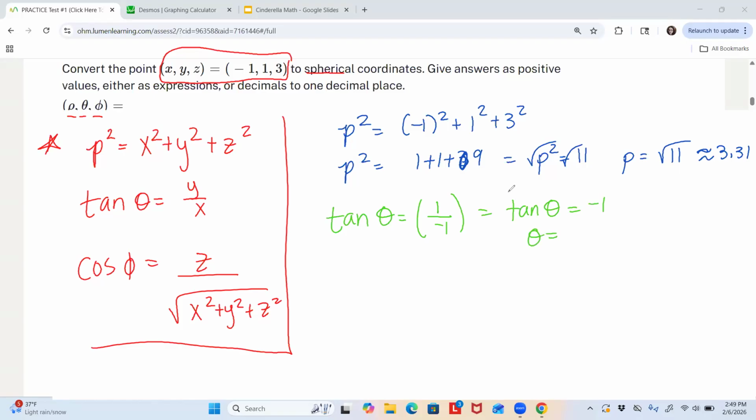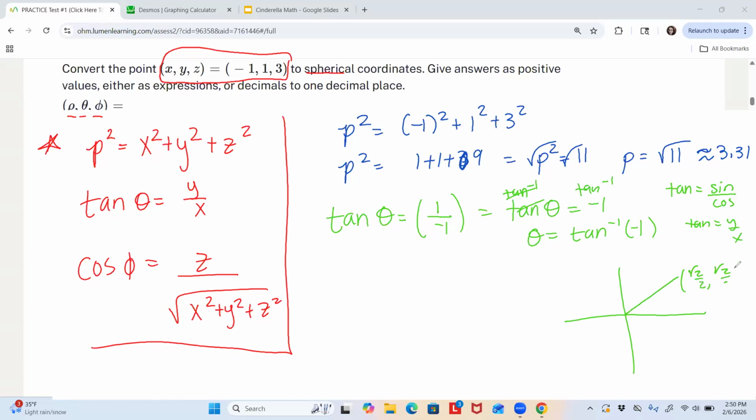So theta is inverse tan of negative 1. Now, when I tried to put that into this program, it did not take it. So I just went ahead and worked that out. So we need to think about the unit circle. When is tan negative 1? Remembering that tan is sine over cos, or tan is y over x. Right here is root 2 over 2, root 2 over 2. So that tan would be 1.